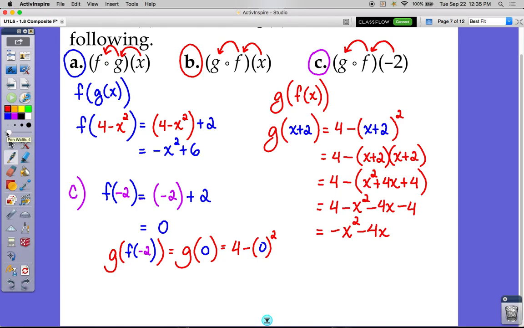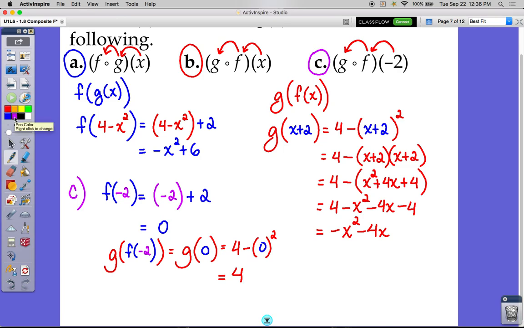And you're probably thinking, you just did a lot of work. And you're right. Didn't we already find out what g of f was equal to? We did. So instead of doing all of this where I plug in a 4 here, why not just go over here and plug in that negative 2? Let's try that.